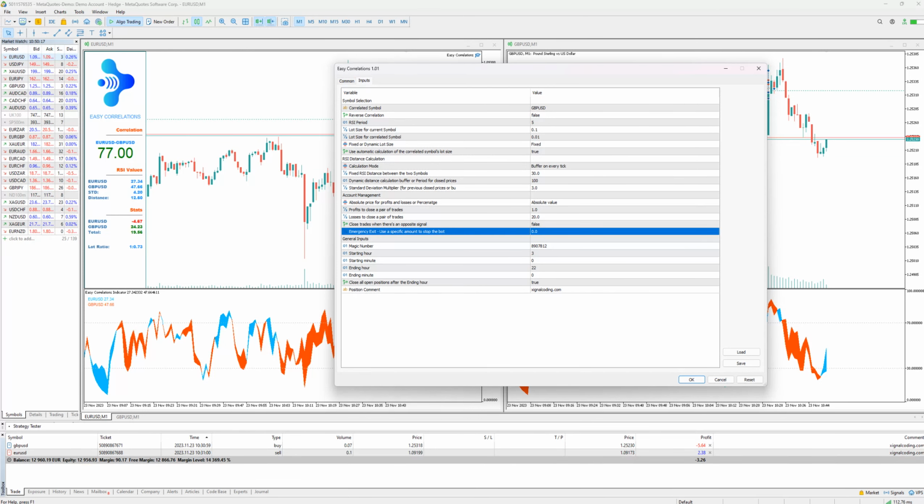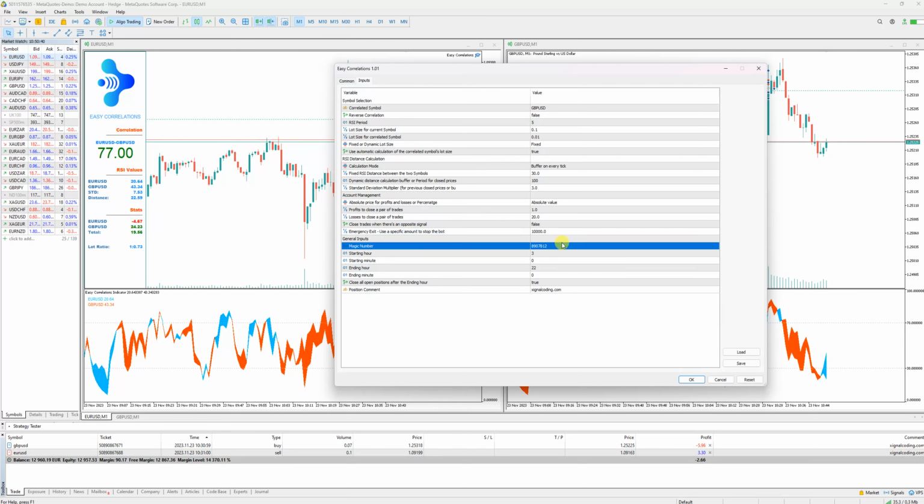So I have almost 13,000 here. I can add 10,000. So if the robot for some reason loses and the account equity is less than 10,000, it's gonna remove the robot from the chart in order to stop trading.